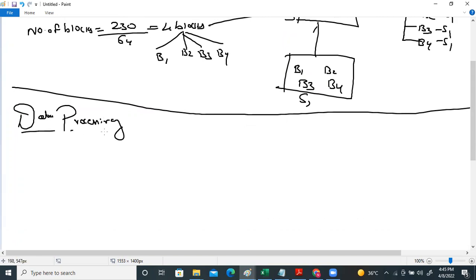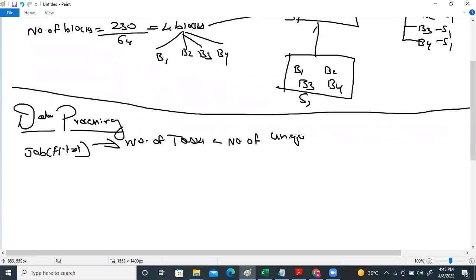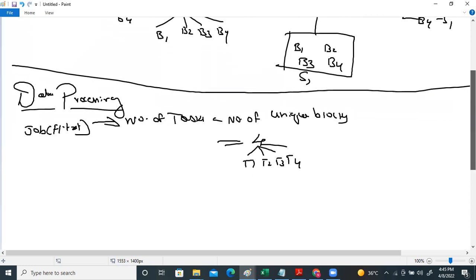Data processing is divided into a number of tasks. Into how many tasks is it divided? It always depends on the number of unique blocks. I'll say why the word unique here. How many unique blocks? 4, which means 4 tasks: T1, T2, T3, T4.